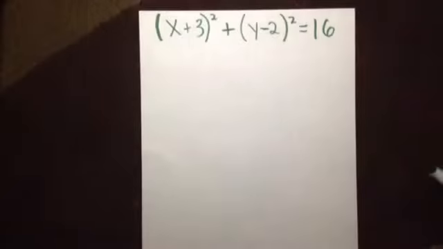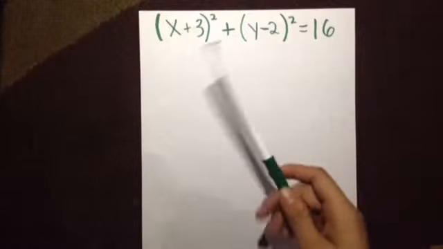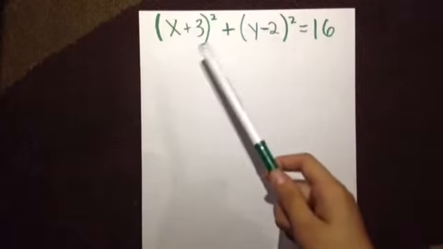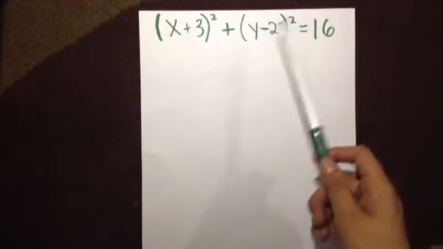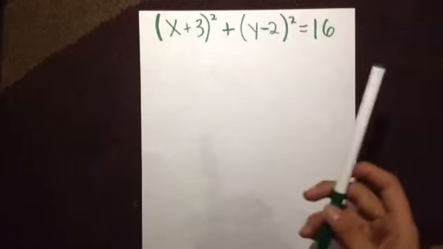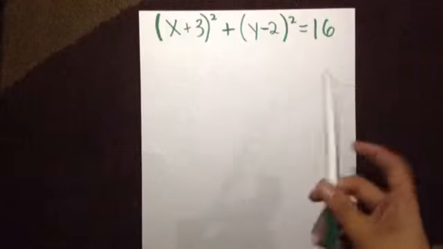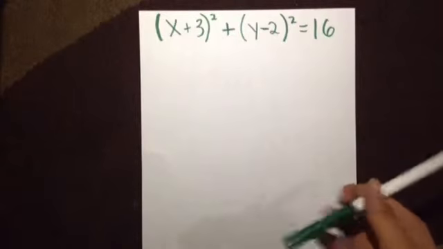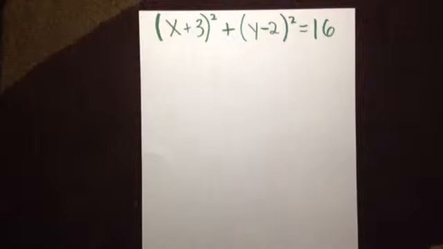Okay, so to graph a circle, this is what we're gonna do. We have this equation, x plus 3 squared plus y minus 2 squared equals 16. So all we have to do is compare it to the standard equation.